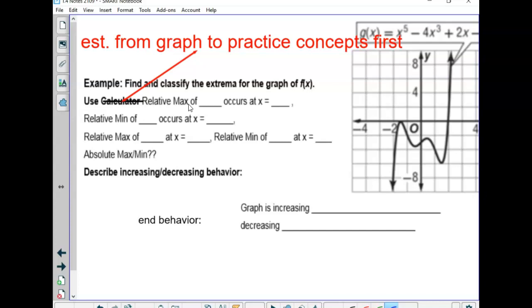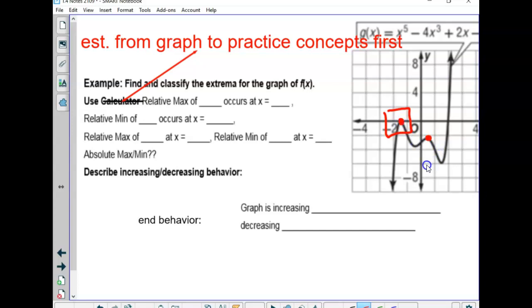No, on the far right, there's an arrow showing it goes up forever. But there's places along the way where if I were to look at just this, there is a maximum here, and there's another maximum here. Does everybody see that? Those are called relative maximums, okay? Because they're in this section of the graph, it is peaking and then starting back down.